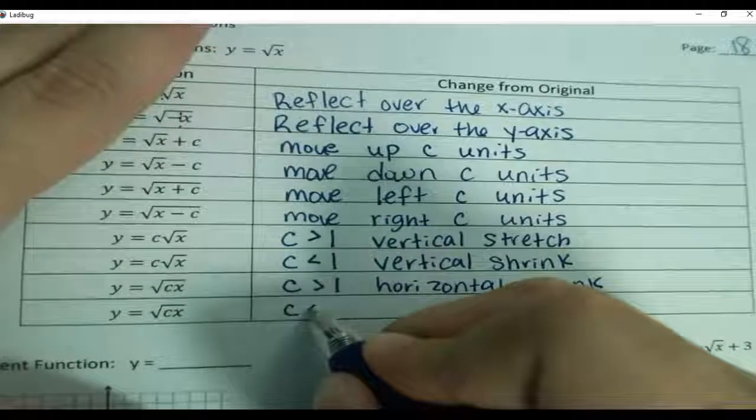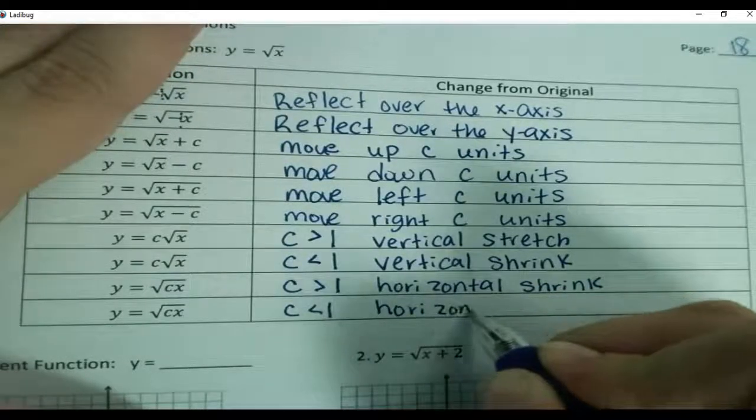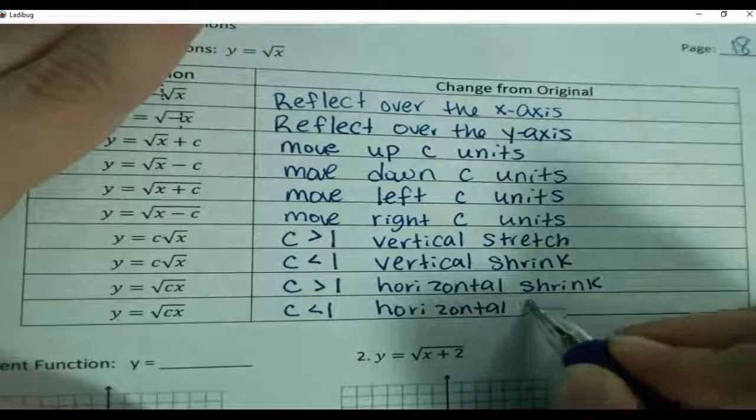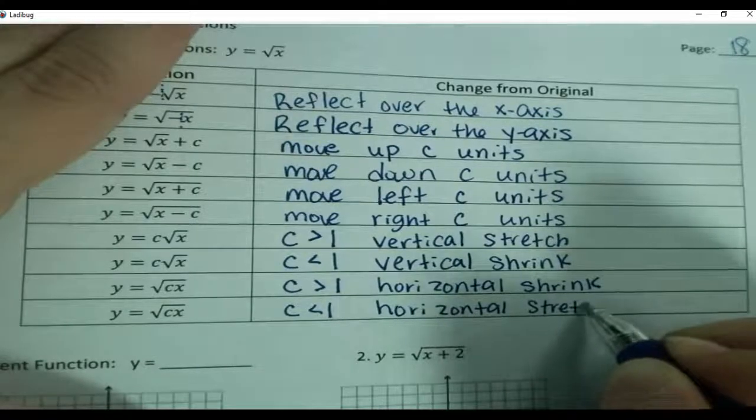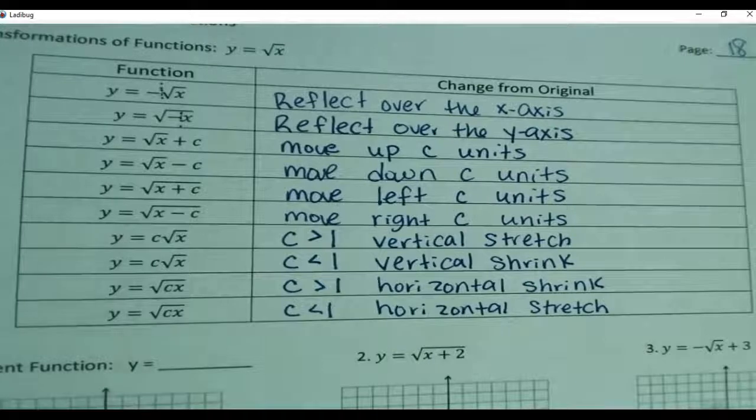And then if c is less than 1, it's a horizontal stretch. Questions on any of those?